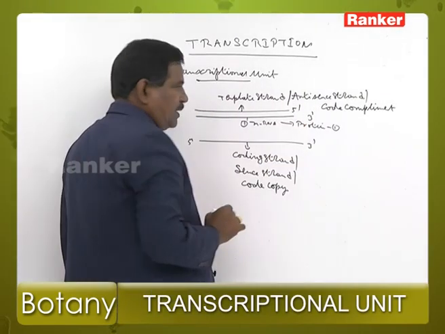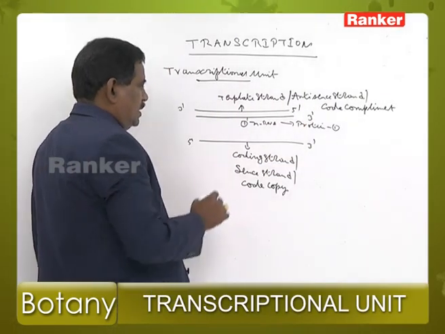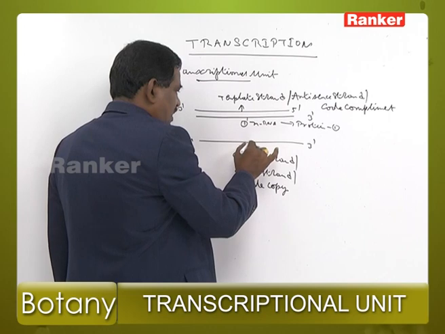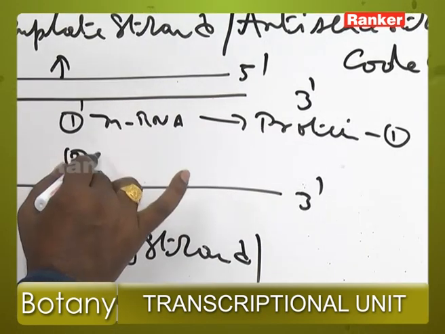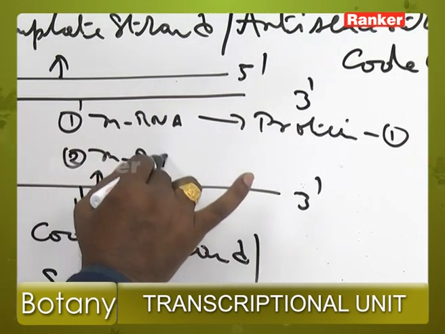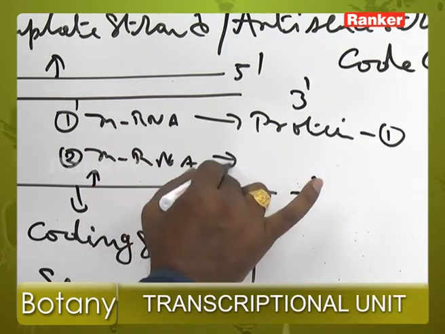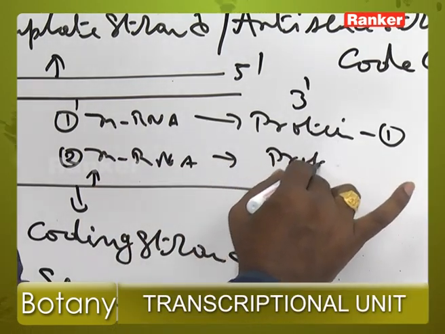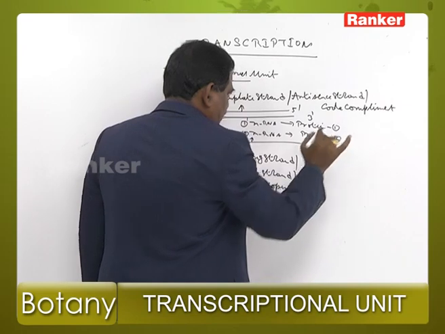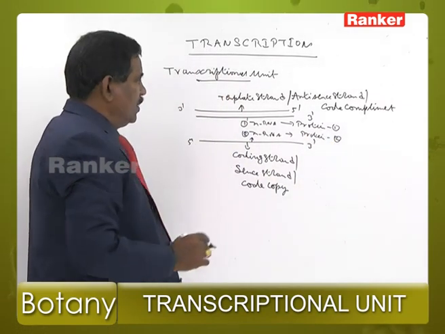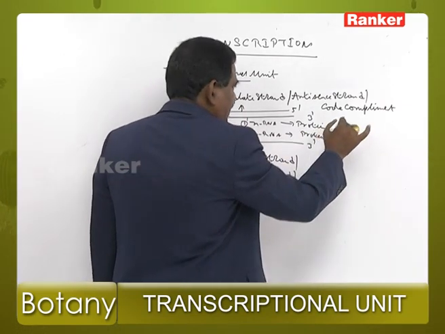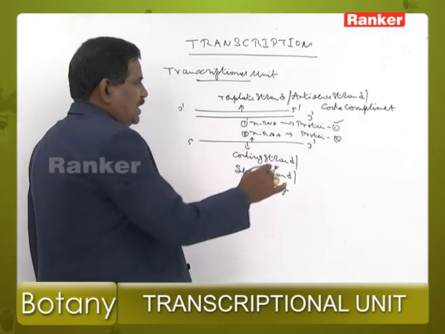That is the one type. Suppose another strand is also involved, it produces another type of mRNA that also produces another type of protein. We require only one type of protein. The other protein is not required.